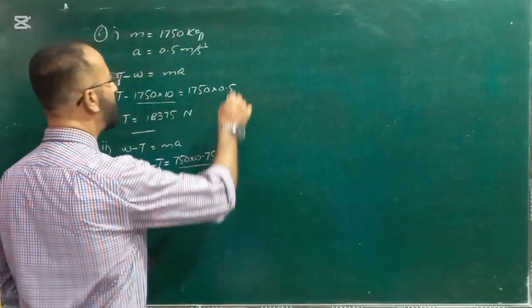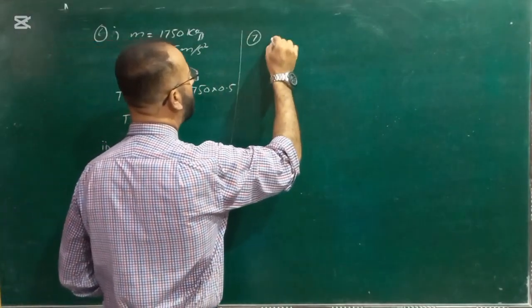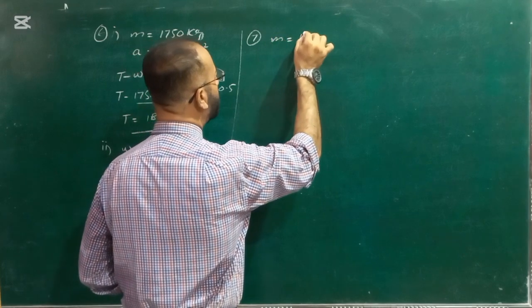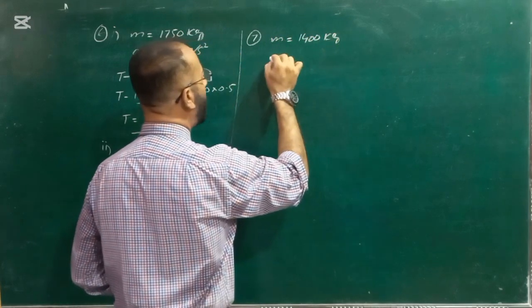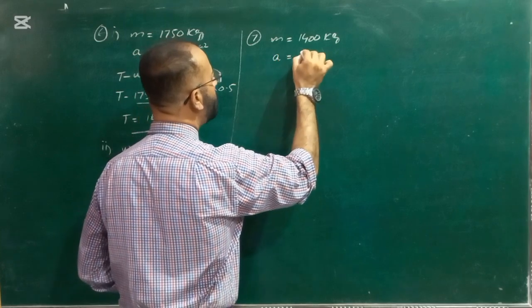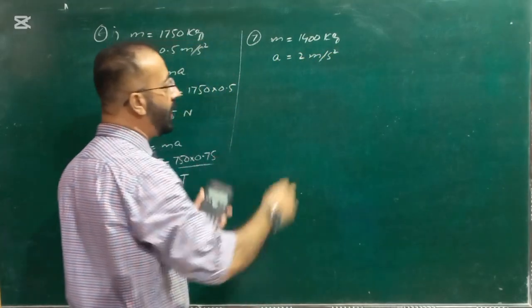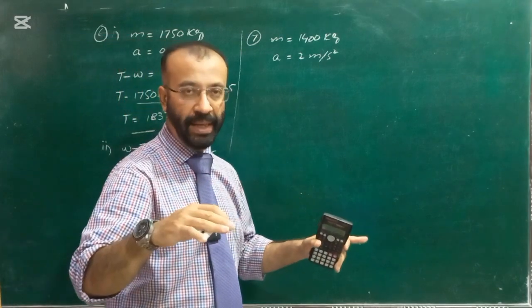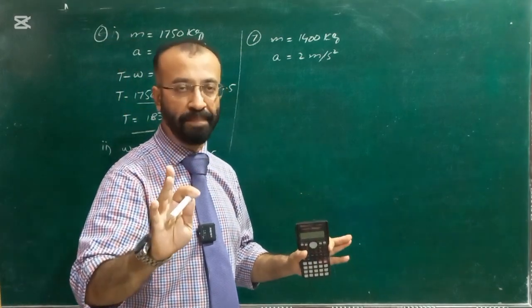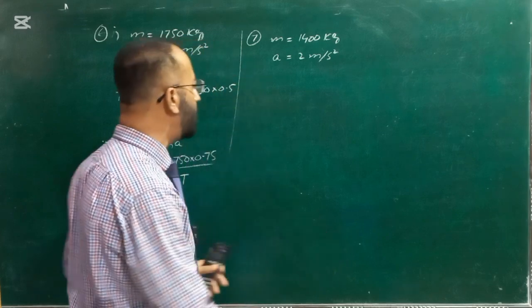So in question number 7, a balloon of mass 1400 kg is descending with an acceleration of 2 meter per second square. Find the air resistance. Because the balloon is descending, it means the weight of the balloon will be greater than the air resistance.